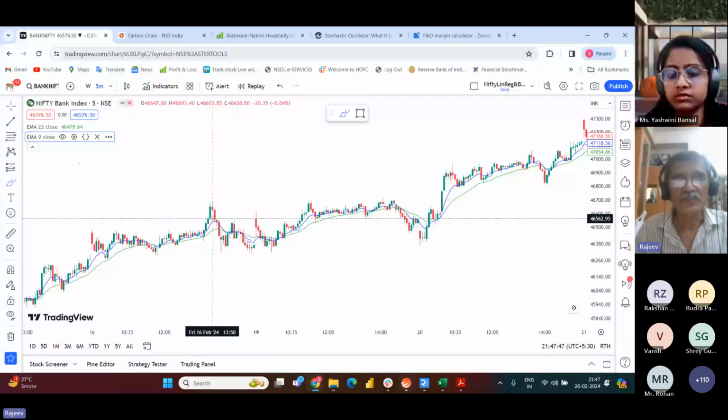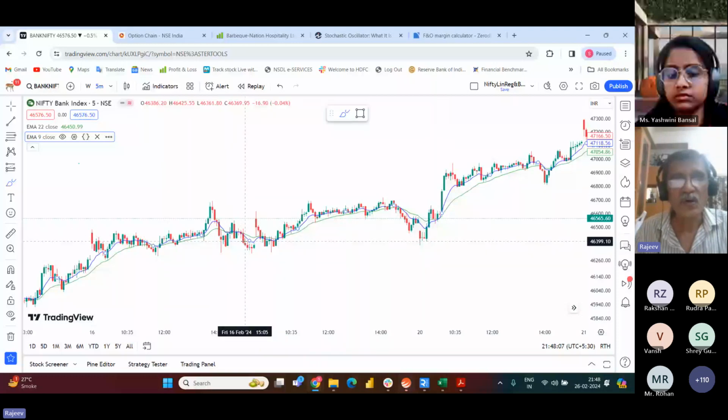The first time it has crossed below is at this point, and that is considered a bearish signal, and people would buy a put over here at this crossover. And if you see after this, it has really gone below.